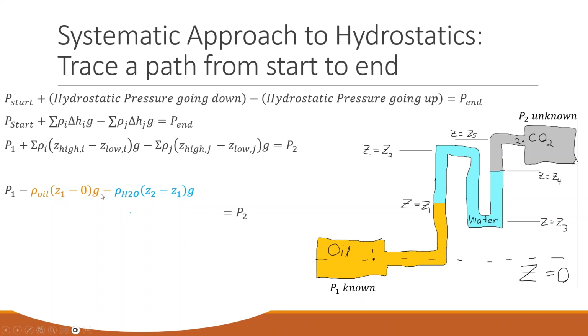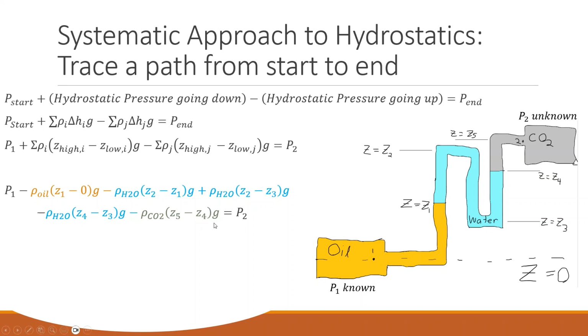Notice that we changed the densities because we're in different fluids. Z2 to Z3, we went down, so we gained pressure, it's positive. Z3 to Z4, so Z4 minus Z3, we went up, it's negative. We again went up, Z4 to Z5, and we end up at our unknown pressure, right? So, real simple stuff, nice and easy.